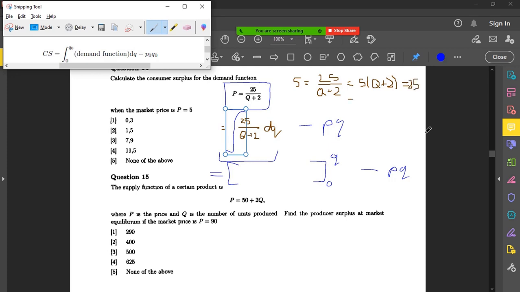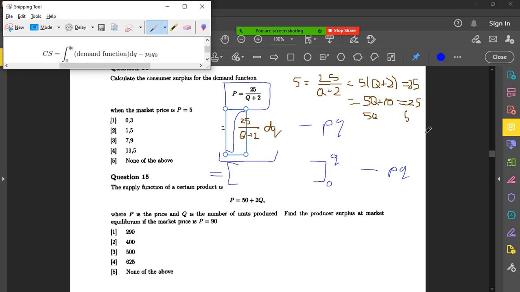Okay, so that is 5Q plus 10 equals 25. So 5Q equals 2.5. No. Oh, sorry, it's 15, sorry.